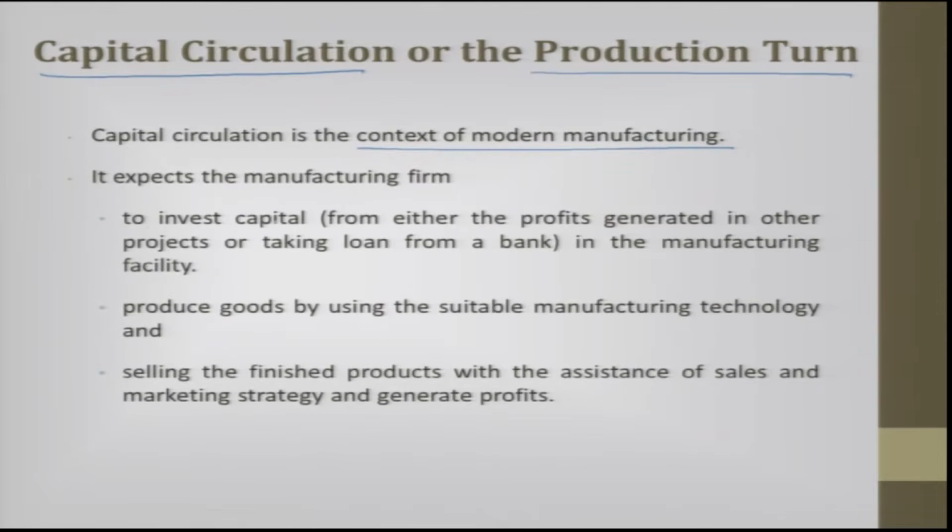It is expected that the manufacturing firm invests capital in the manufacturing facility to produce goods using suitable manufacturing technology, and sells the finished products with the assistance of sales and marketing strategy, generating profit. So, this is what is called capital circulation.